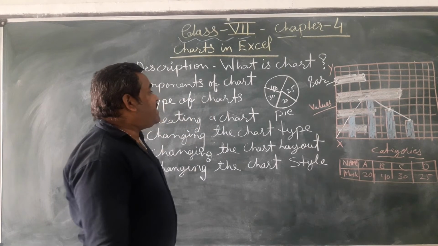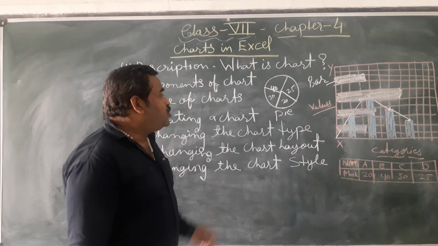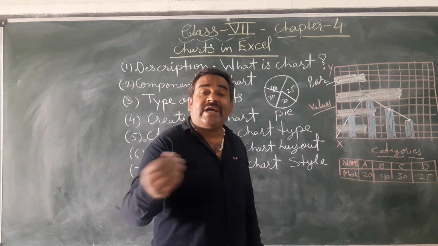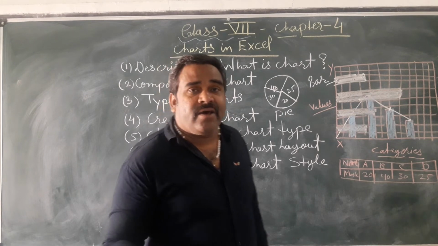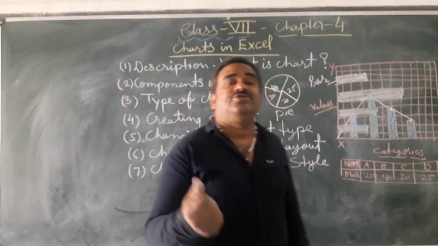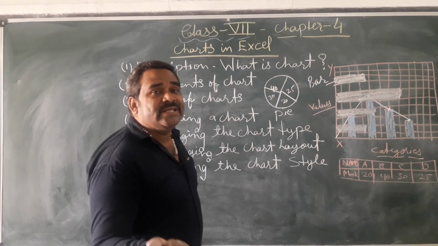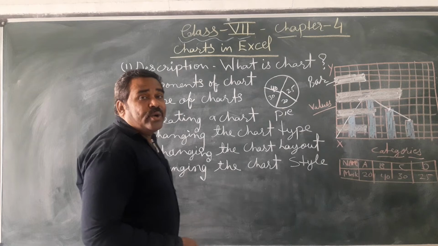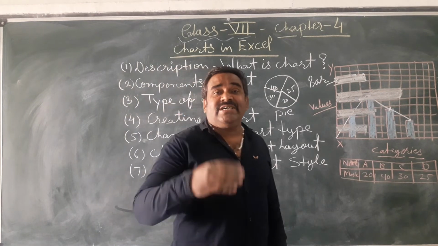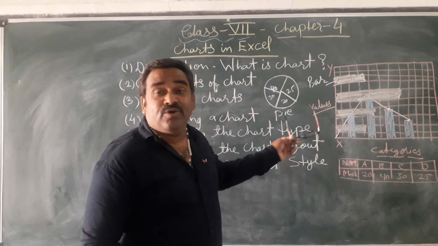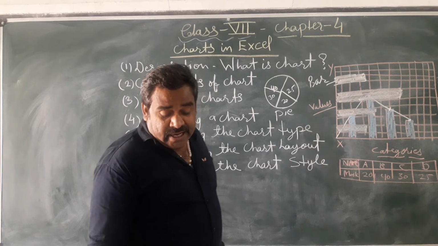Click Change Chart Type and a dialog box will appear. You will find that there are many different kinds of chart types available there. You just choose which one you want to put, or you can change your chart type. Go over there and click on it. It will show you different kinds of chart types.